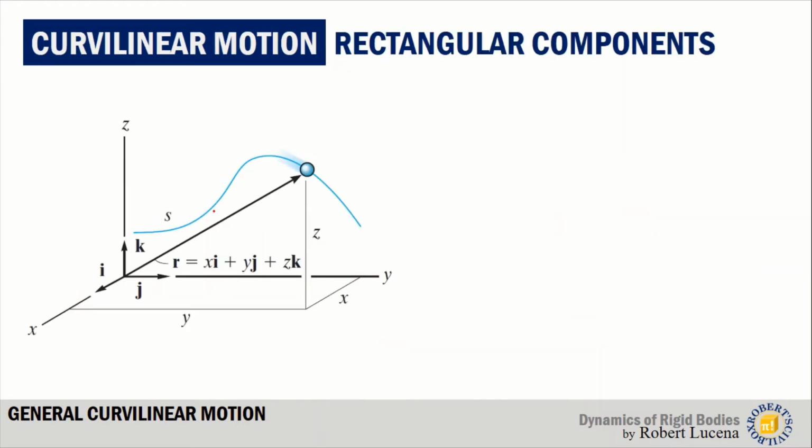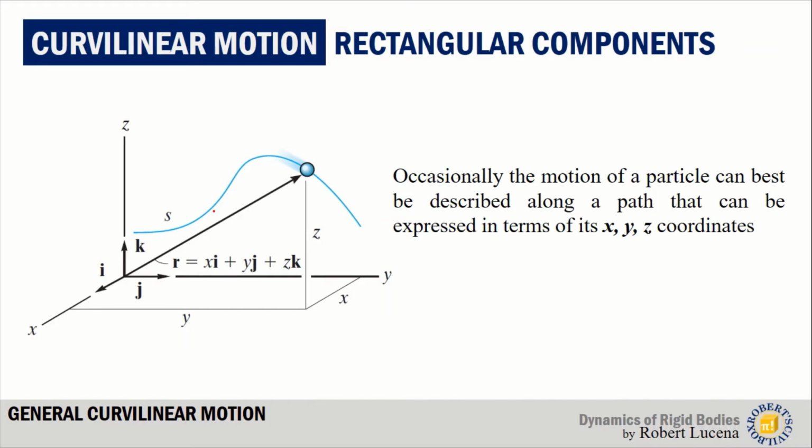Now let's represent the particle in 3 dimensions using rectangular components. So if you have a particle here, it can be described along a path that can be expressed in terms of x, y, and z components.